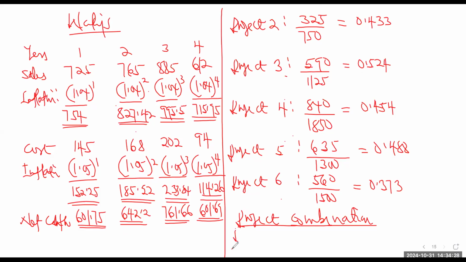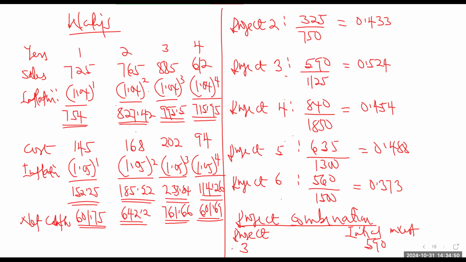We have the projects and their initial investments. Which of the projects are we picking first? Project 3. Project 3 is 590, isn't it?